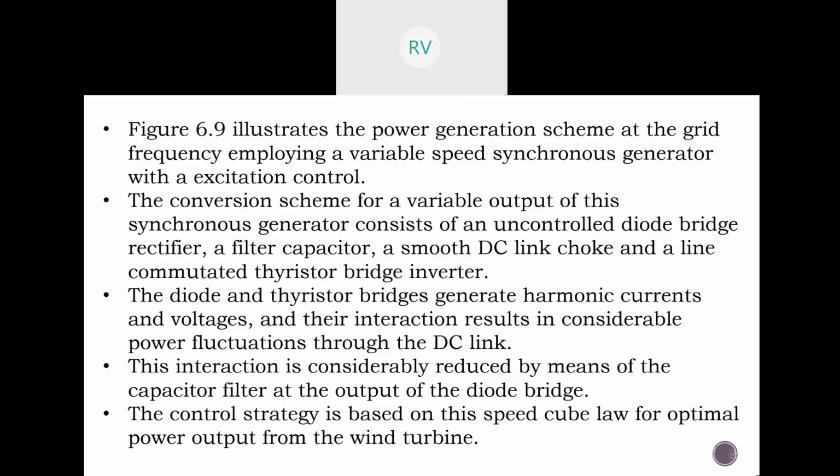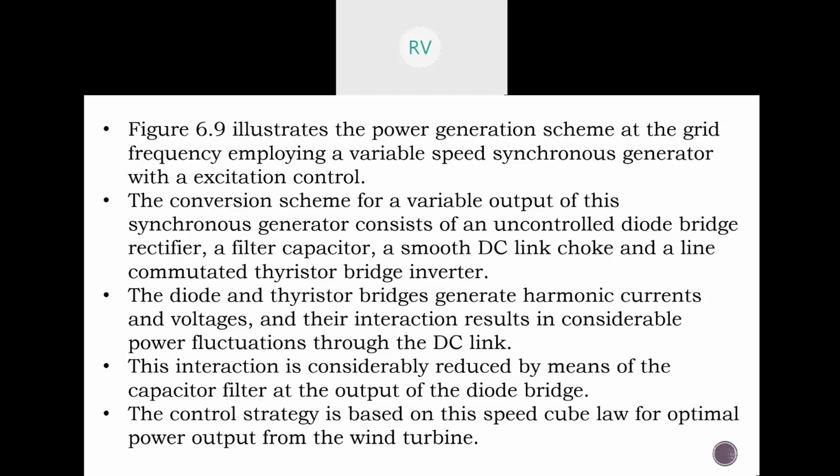So here also that is what is happening. Here the diode and the thyristor bridges are nothing but power electronic components. So they are generating harmonic currents and voltages, and because of their interaction with the normal voltages and currents, there is a considerable power fluctuation in the DC link.